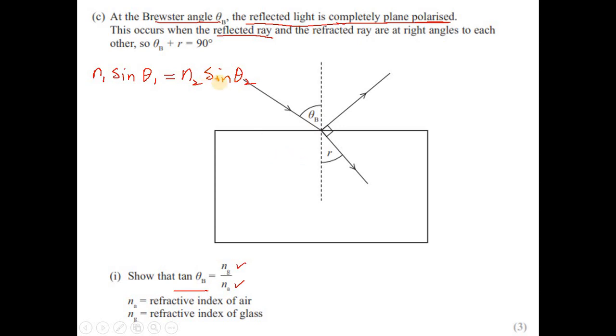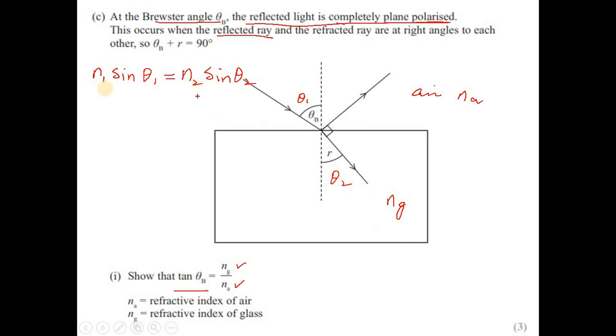So we are going to use this relation for our given medium. Remember, this is air with refractive index Na, and this is the second medium, glass, with refractive index Ng. This is our theta 1 in the first medium, and this is our theta 2.